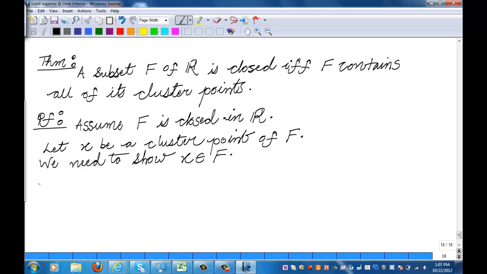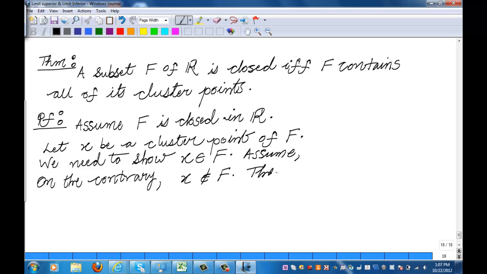So on the contrary, let's assume that X is not in F. Well, then X will be in the complement of F.